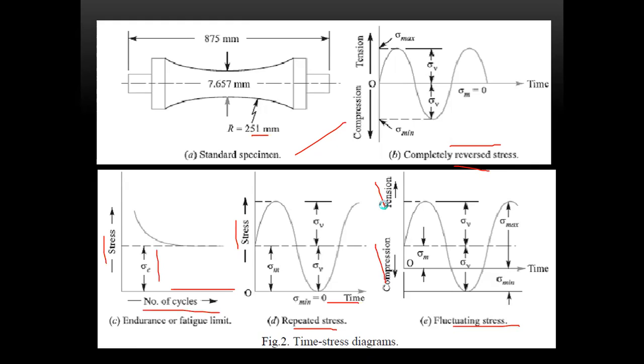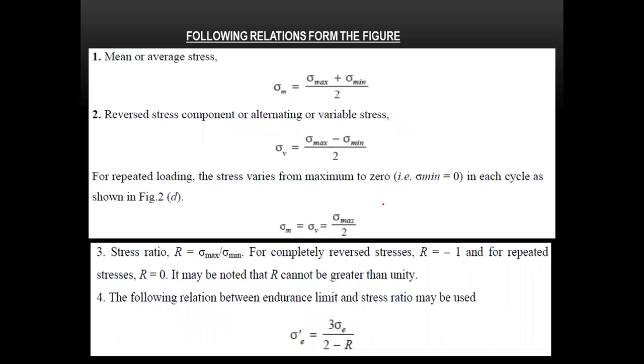Based upon this fatigue and endurance limit, we have the following relations from the figure. The mean or average stress is sigma m equals sigma max plus sigma min divided by 2. The reversed stress component is sigma v equals sigma max minus sigma min divided by 2.